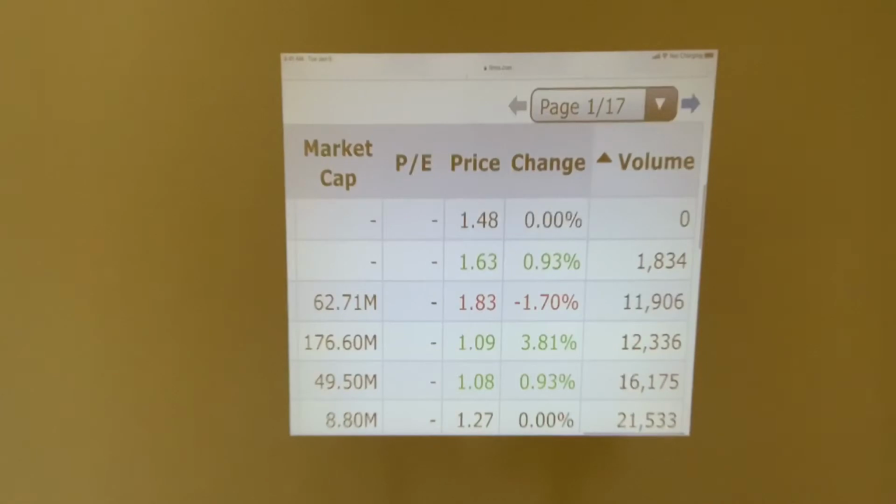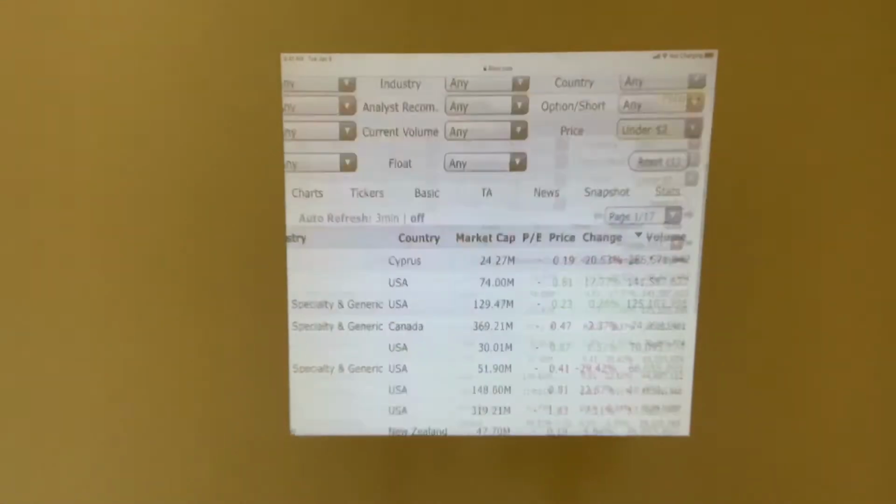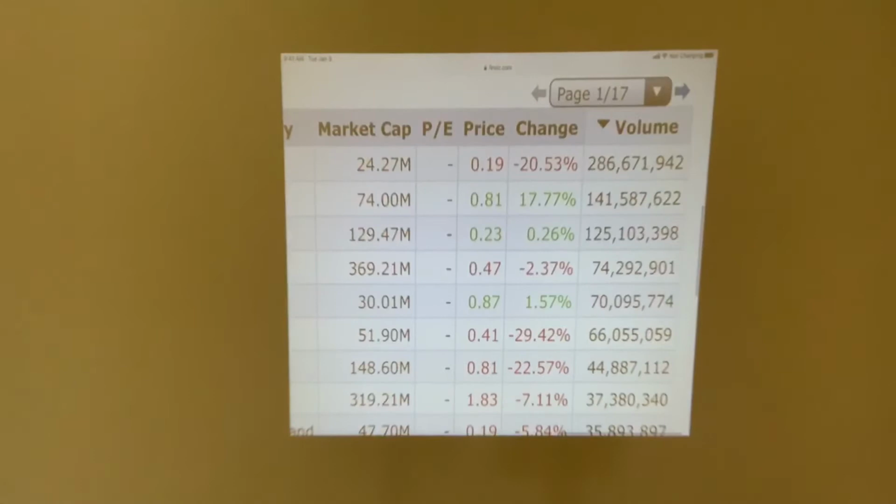You click on it one time, it's going to sort them from the lowest to the highest. You click on it again, it's going to be listed from the highest volume to the lowest. High volume doesn't mean this stock is a good stock. It just means that this stock is an active stock.